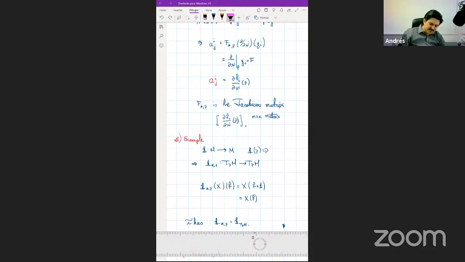In other words, the differential of the identity is the identity map on the linear space, on the tangent space. Right? Okay.